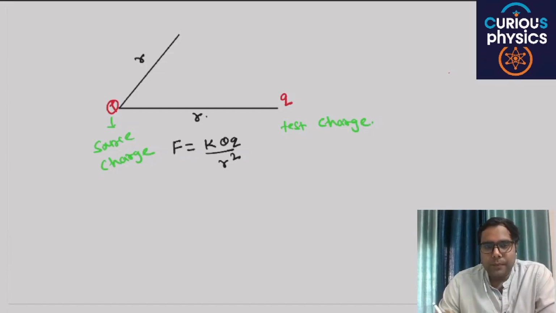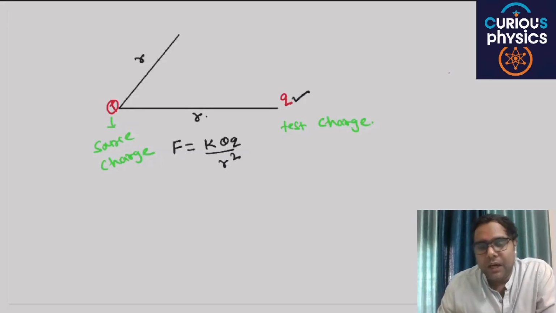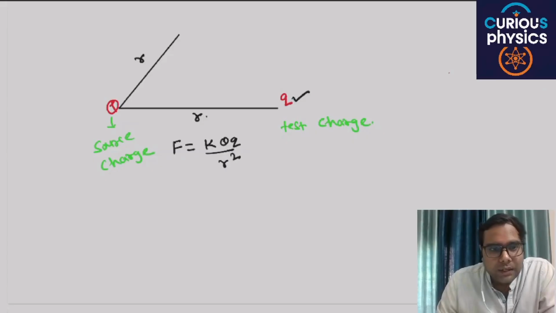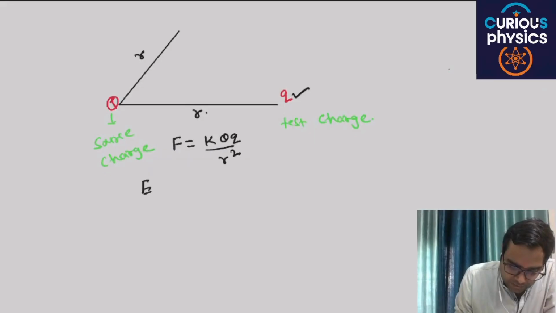So for example, if we remove this charge from this particular point, then what will remain behind? This particular concept gives the idea of electric field. Are you getting my point? So we defined a particular vector quantity, that is electric field.